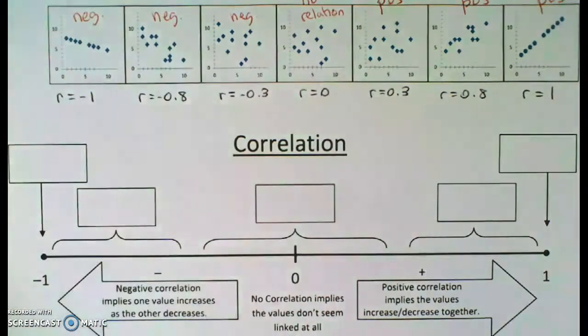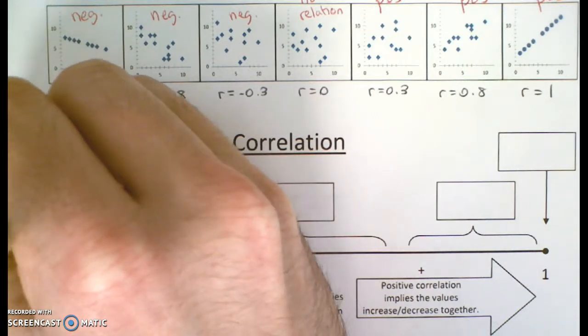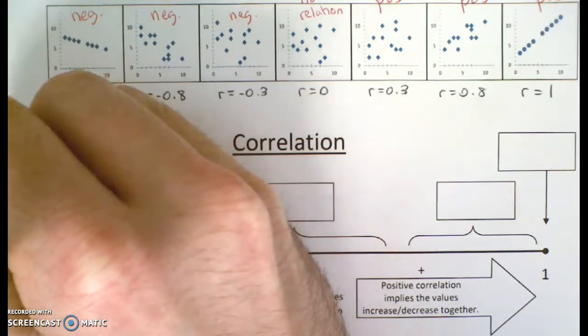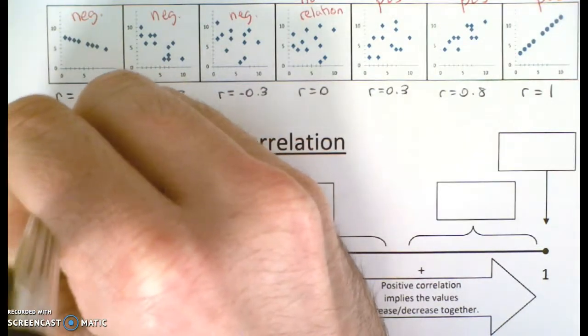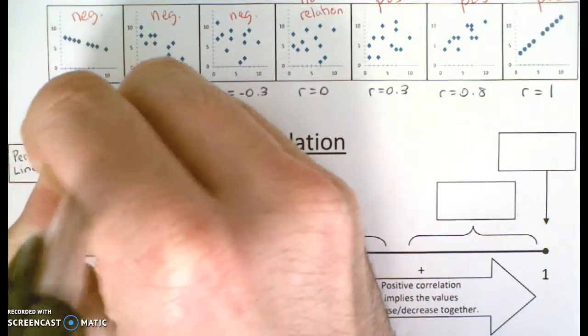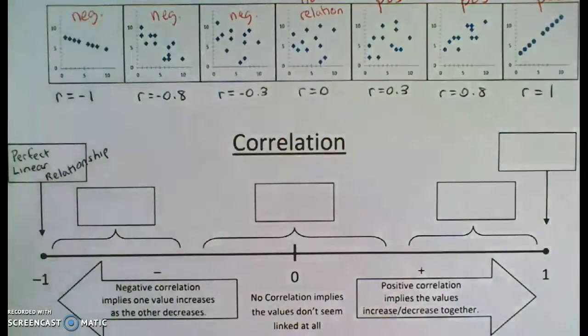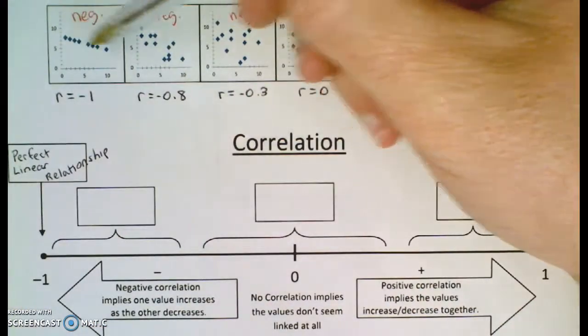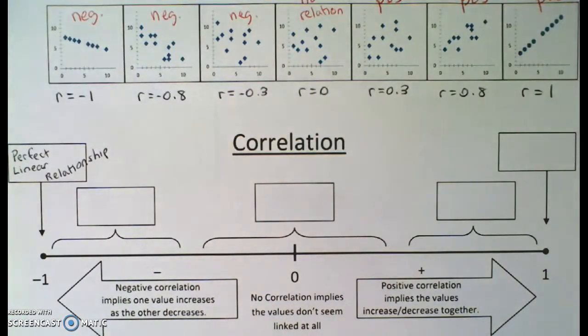That is a correlation of -1. So we call this a perfect linear relationship. Anything in that nice straight line that's negative is your perfect linear relationship, -1.